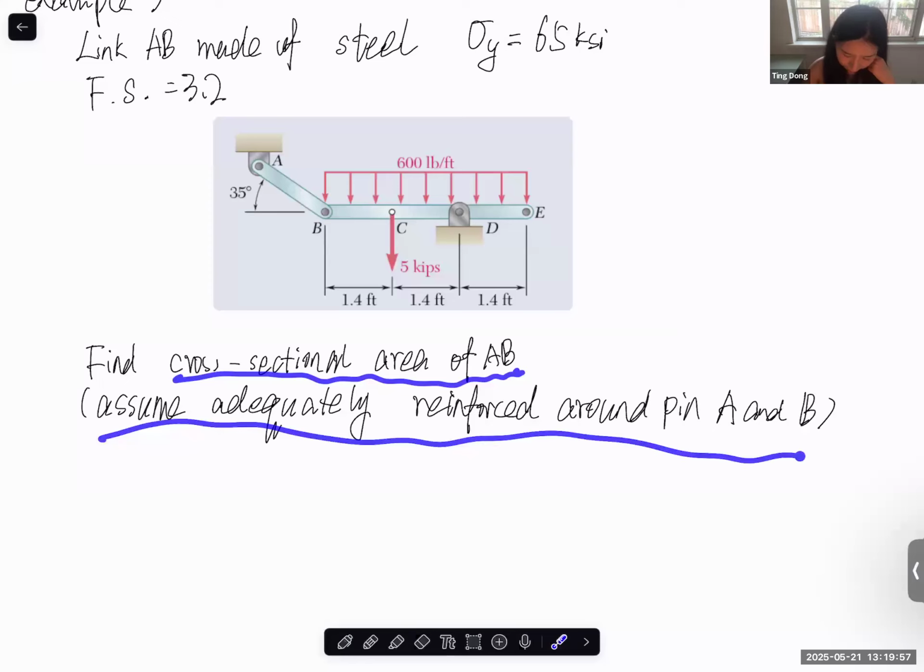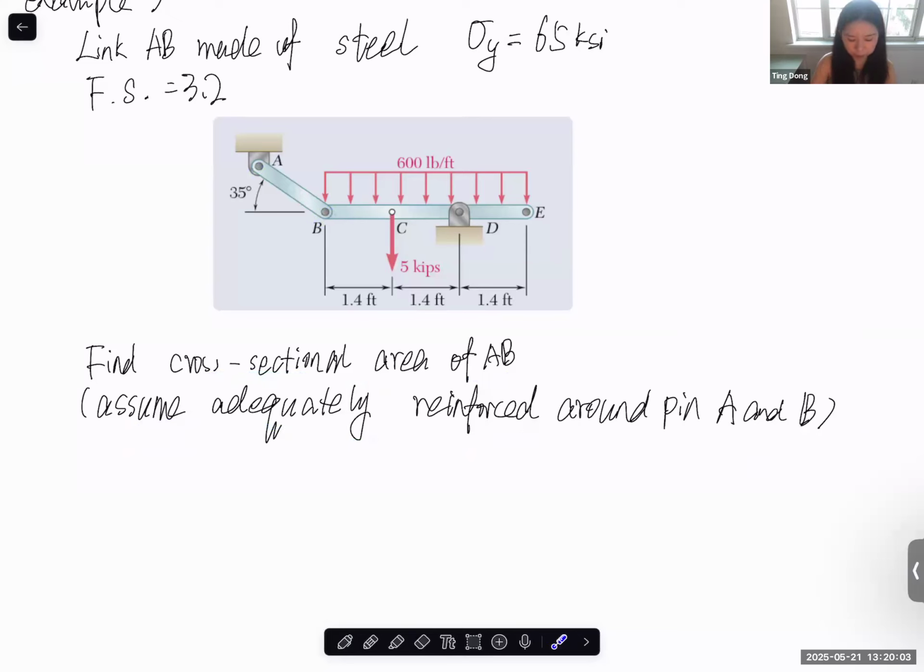We assume that it is adequately reinforced at pins A and B. We are saying this because we learn later that for stress concentration, if there's a fastening hole here, there's stress concentration here. But for right now, we don't know that part yet. So we only focus on the nominal stress causing failure. Assume that it is adequately reinforced at pins A and B, so it will not fail at pins A and B.